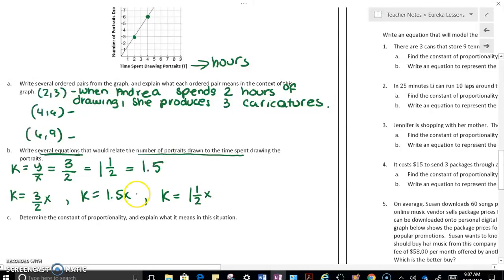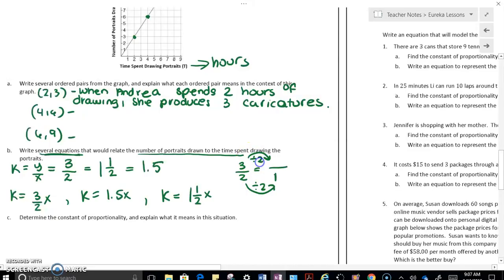These are all considered unit rates. Now, why is it considered a unit rate? Well, if I wanted to simplify 3 halves to get a unit rate of 1, I'm going to divide by 2.